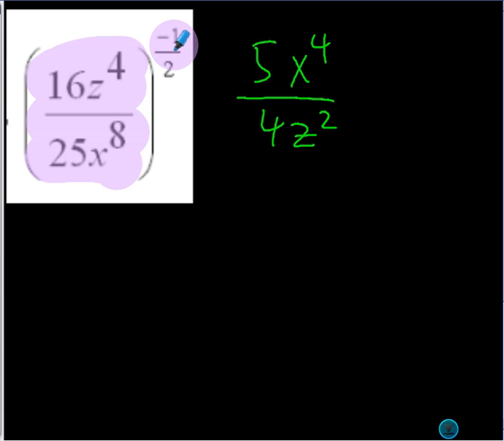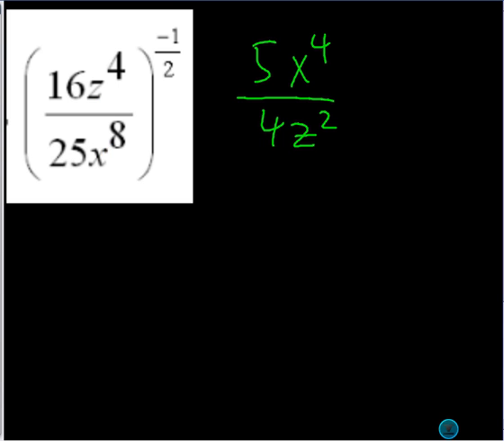That way you don't have to worry about what this is going to do quite so much. You have less to deal with. In this case, though, there's nothing I can do on the inside because the 16 and the 25, they don't simplify. No common factors there. And that's a z and an x. So they're not going to simplify.